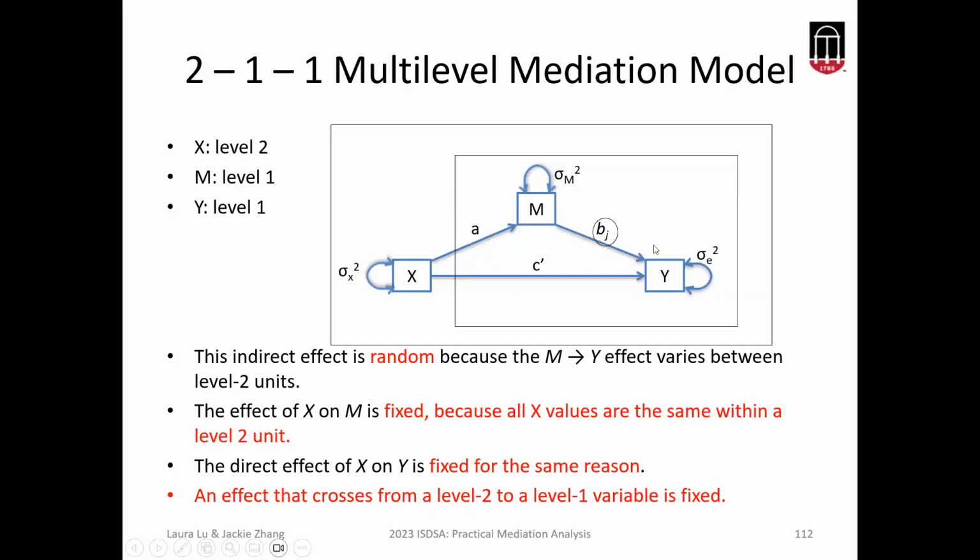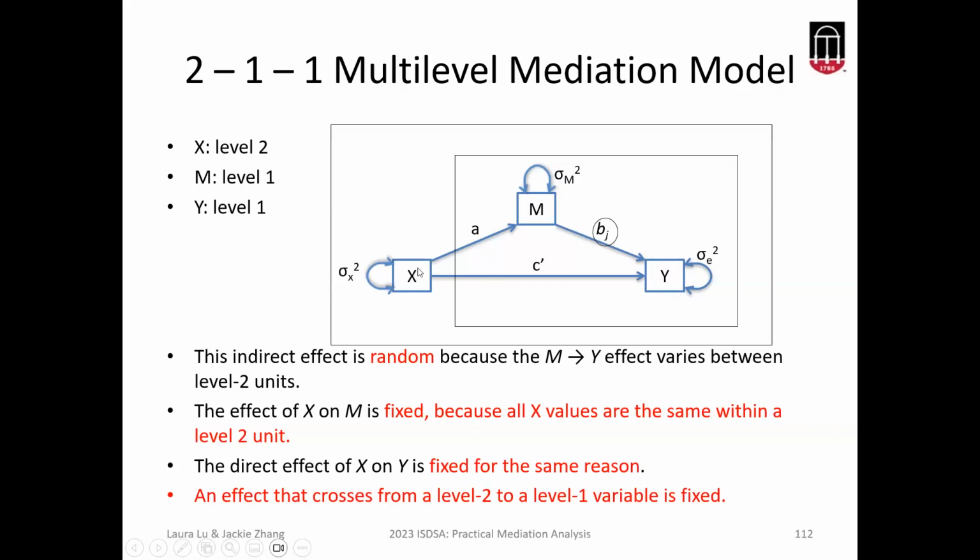For example, think of individuals in the same classroom, and here we have different classrooms. For the same classroom, we share the same instructor and the same textbook. So this coefficient is constant within each level 1 unit.